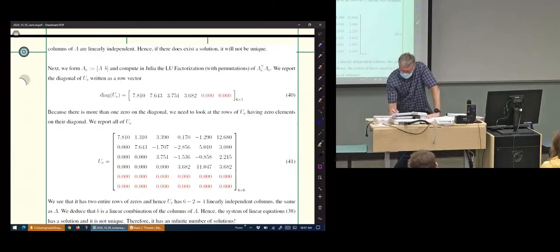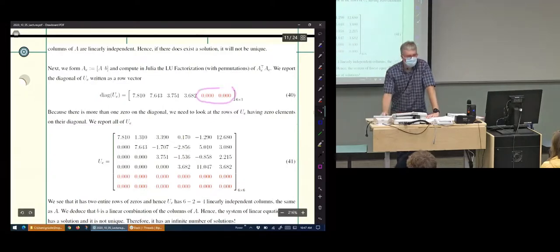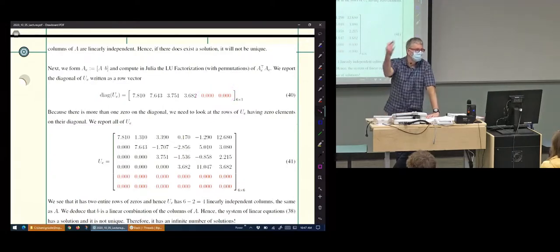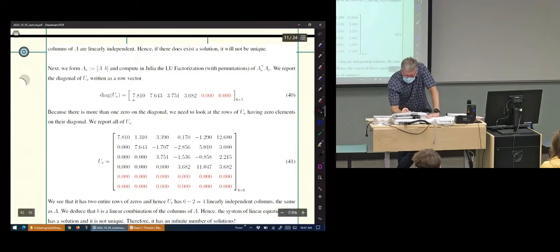So to check existence, we append the columns of B to A, and we do that LU factorization. And this time we get 2 zeros. So there's a chance that a solution exists. Okay, we did not add to the number of linearly independent columns potentially. And we confirm that by checking the corresponding rows.